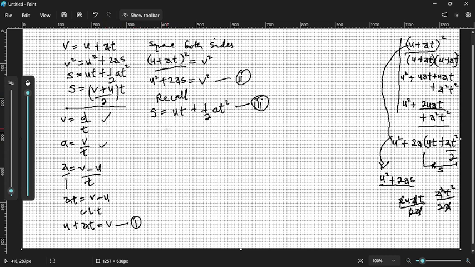Then for the fourth one, we'll go back to this here. We must remember that there are two types of velocity. We have initial velocity and final velocity, so v and u. So for average velocity, (v plus u) over 2, the average velocity is equal to d over t.